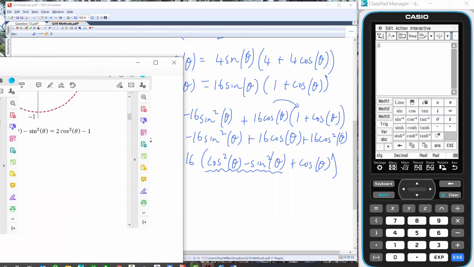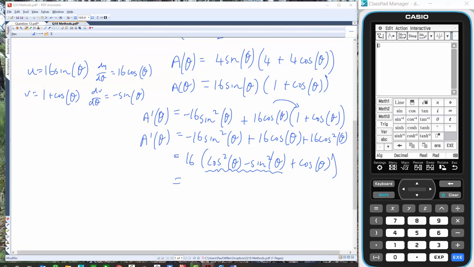We're going to replace it with that particular expression because they're the same, so it means the exact same thing. Okay, so I'm going to do 16, and I'm going to write, instead of that, 2 cosine theta squared, take away 1 plus cosine theta.